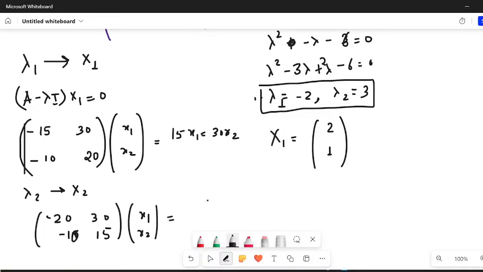So clearly you can see that 20 x1 is equal to 30 x2, and if this is the case, then you can always write this as 3, this as 2, so your x2 would be 3 2.